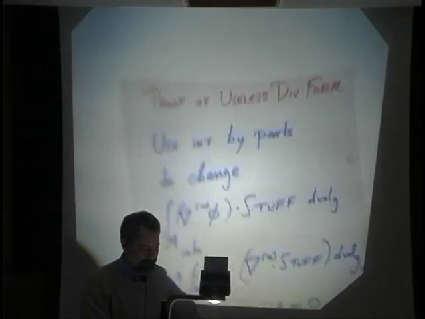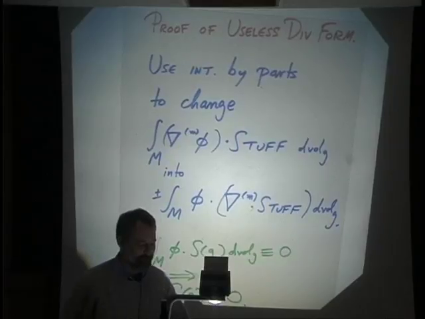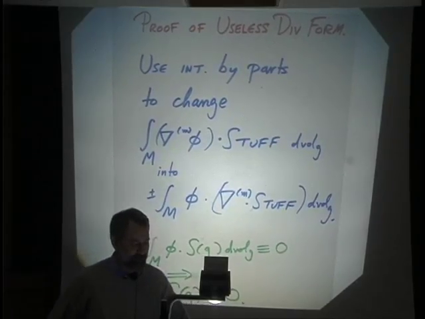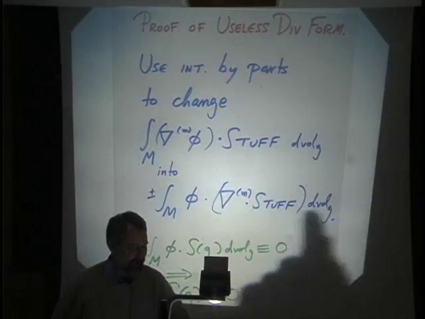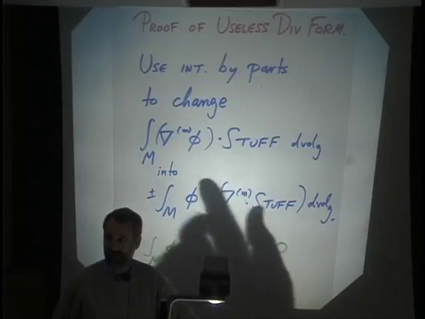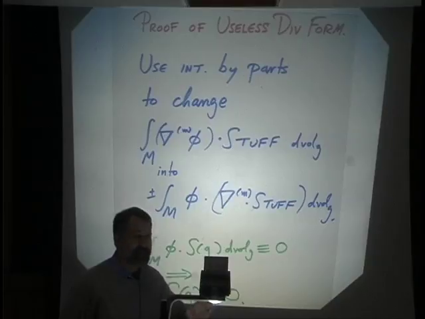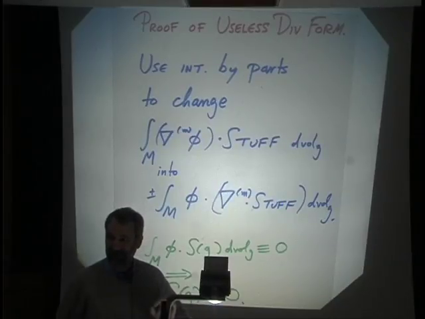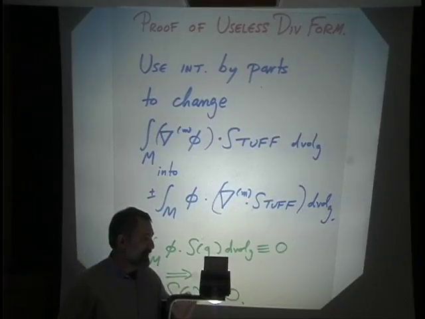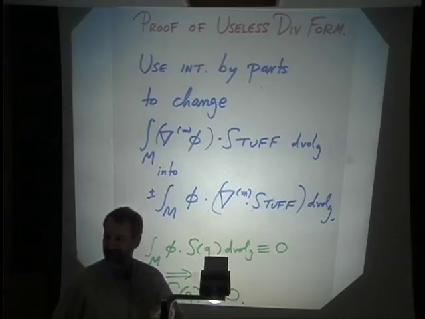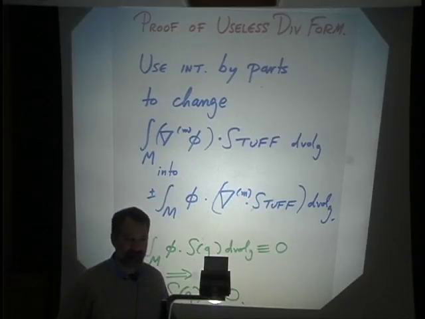Okay, so the proof of the useless divergence formula. Well, we look at our integration by parts, and let's say our integrand I of phi, etc., every term contains at least one factor that has a phi in it. It isn't just an invariant that involves g. And that certainly happened for us, right?